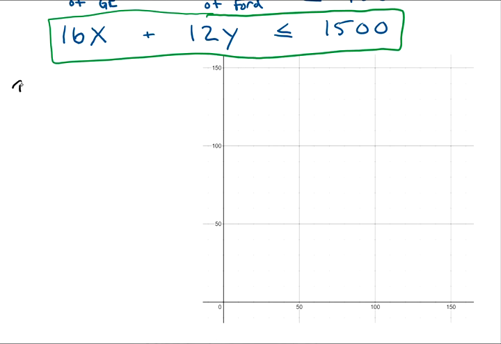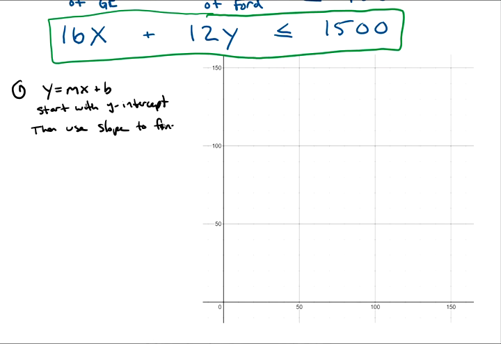Option 1: put the equation in y equals mx plus b form, and then start with the y-intercept. That's point number 1. Then use the slope to find another point. That's what we've been doing most of the time.